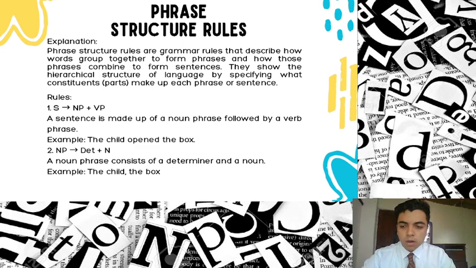Rules. 1. A sentence is made up of a noun phrase followed by a verb phrase. Example: the child opened the box. 2. A noun phrase consists of a determiner and a noun. Example: the child, the box.